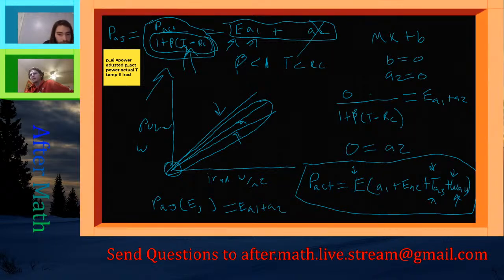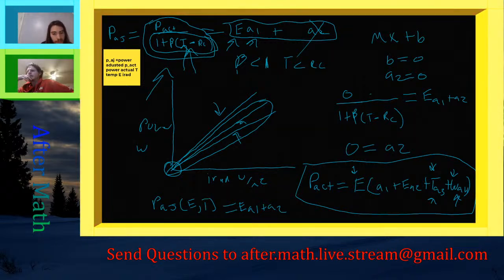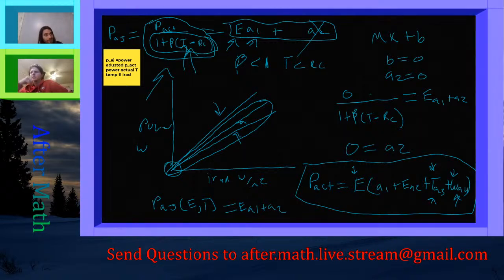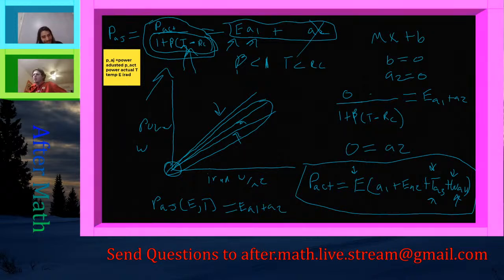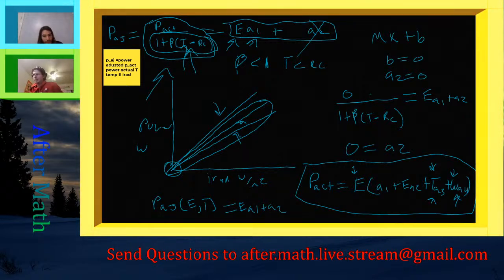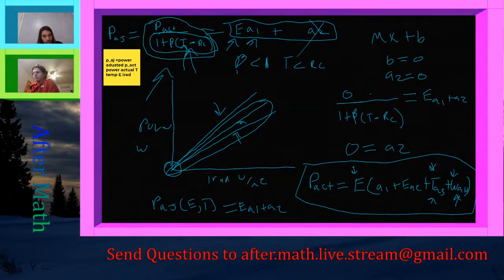Let me go back. So it's a function of, you said, E and T? Right, because we've decided that the actual power has to be a function of irradiance.